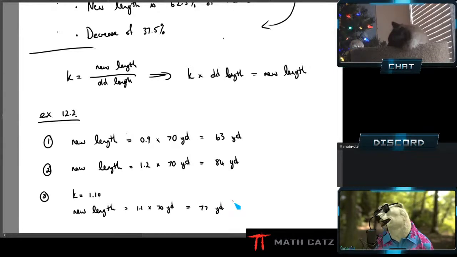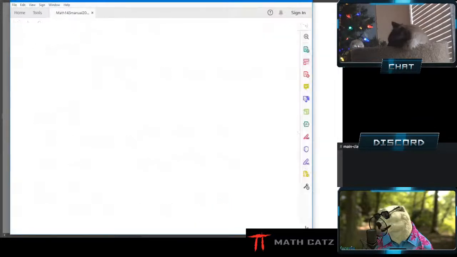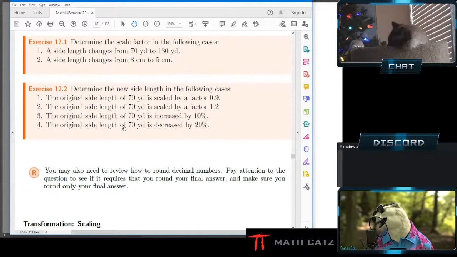When I have calculated some stuff and I want to present my answer, then I may want to use percentages as well. Then the last one here, the original side length of 70 yards is decreased by 20%. So now I have to make the scale factor first before I go to a calculation. Now it's a decrease. So from my base, I'm going to go down by the decimal version of the percentage.